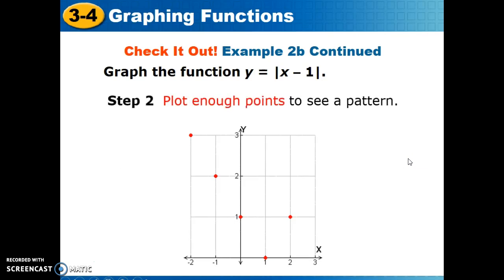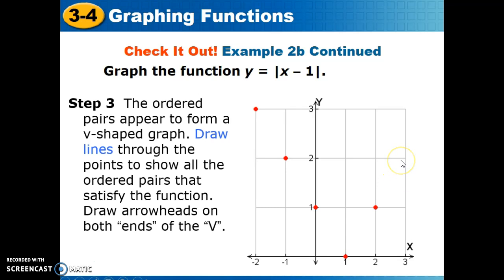Let's watch as we plot those points. We see the values of y going down as the values of x increase. And right here we bounce back up to notice that V shape of that graph. Connect the dots and we can see at -2, our function should give us a value of 3. If we plug that in here, -2 minus 1 is -3.